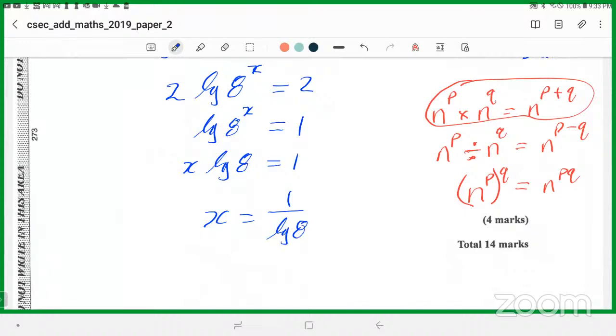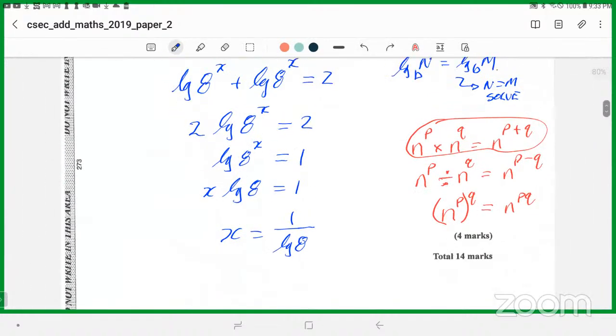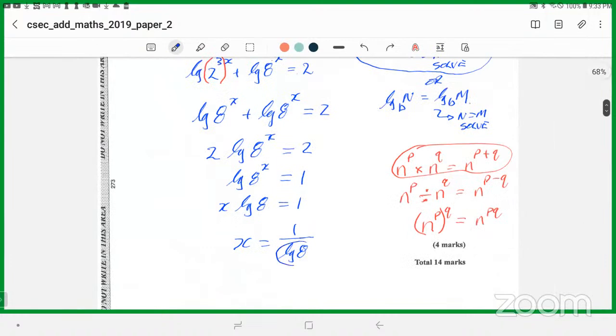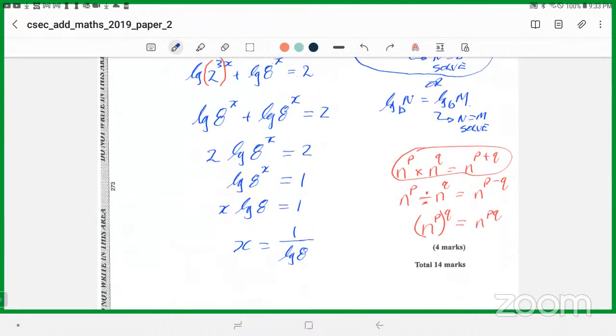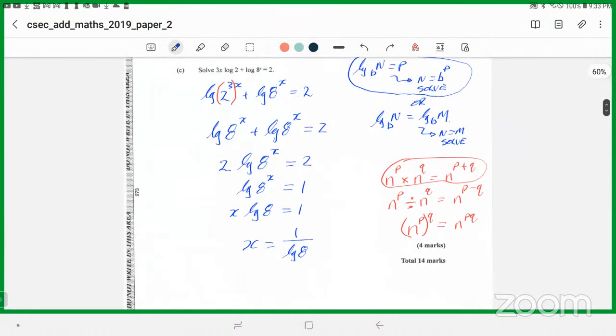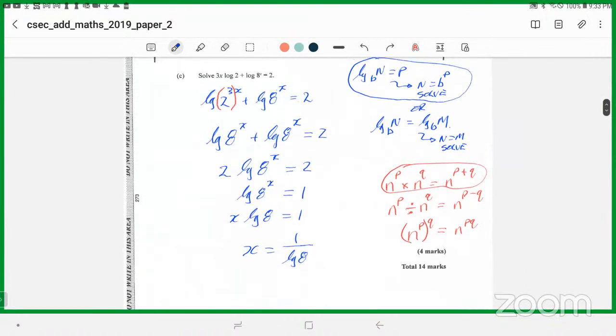You can leave it as the answer, because that is x, or you can work it out. You're going to put log of 8 on your calculator. So x equals 1 over the log of 8, using the laws of logs. And again, this is not the only way to do it. We've done this 10 different ways.